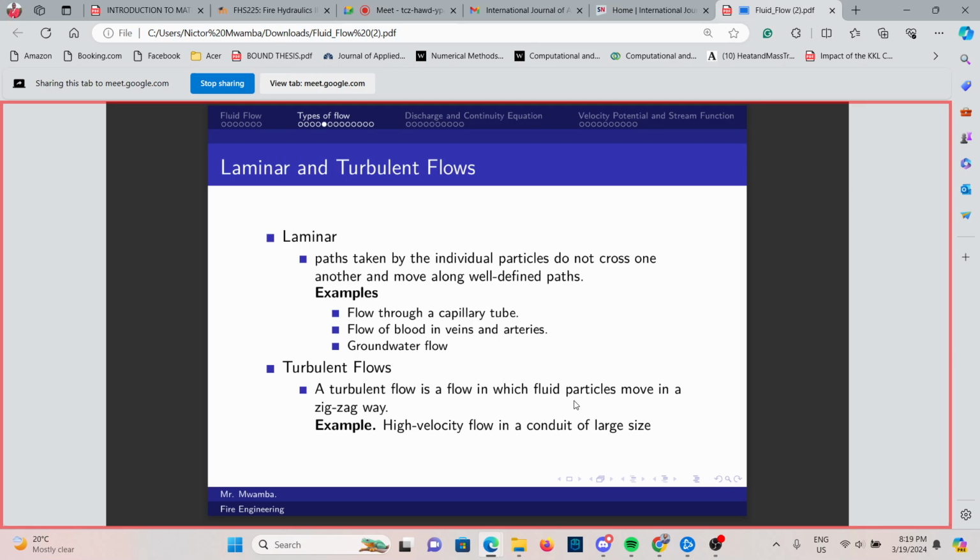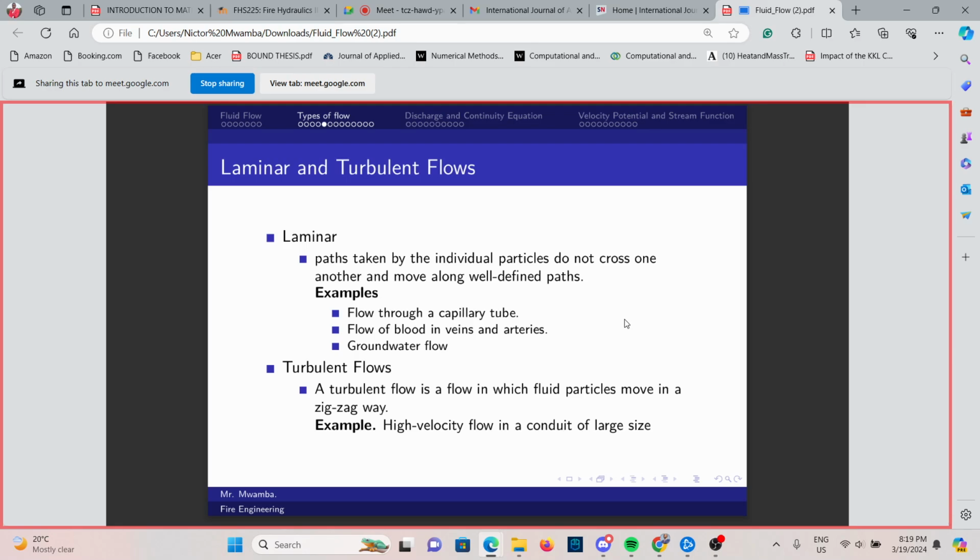We also have laminar and turbulent flow. In a laminar flow, the fluid particles flow in a straight line. Some examples of laminar flow are flow through a capillary tube, such as a straw.